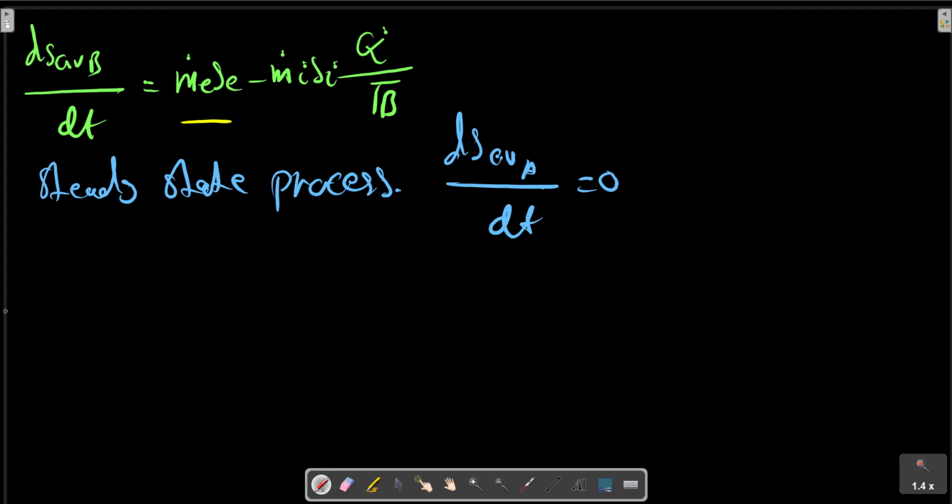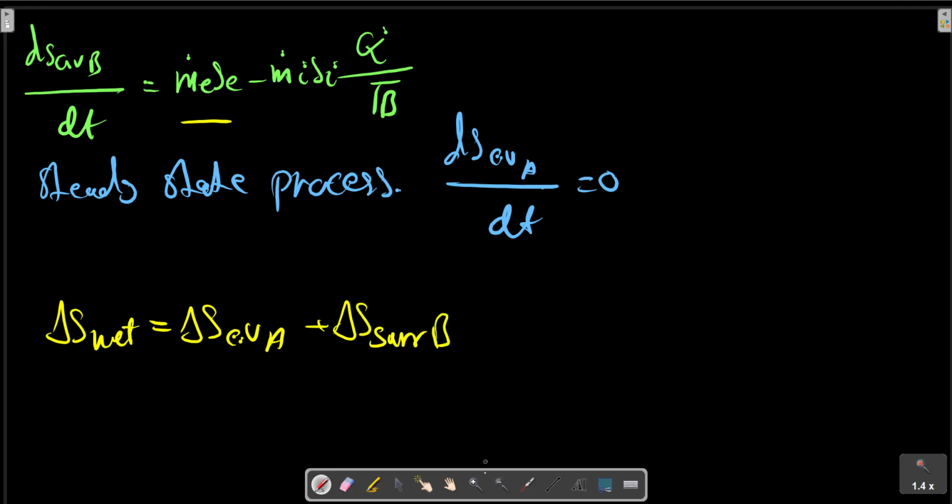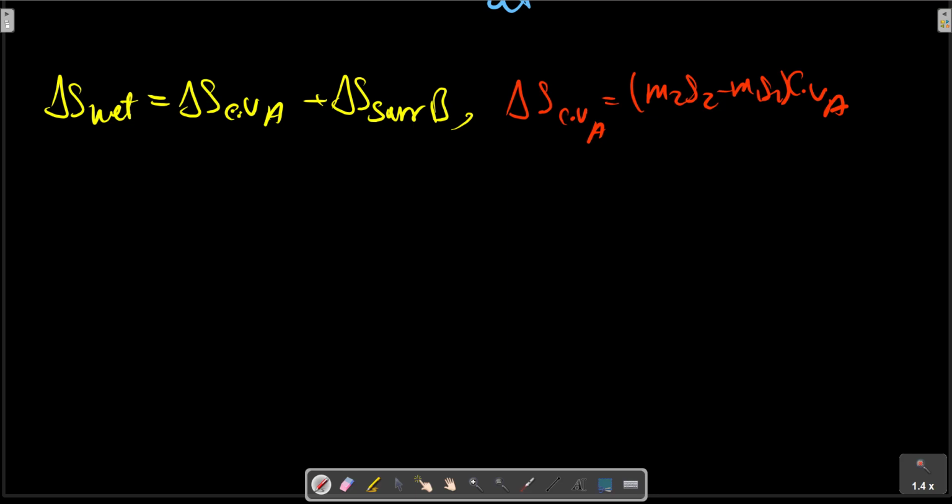The integration gives delta S net and delta S control volume A. The term for the surroundings is found after applying the integration to the surroundings and interacting, delta S m e s e.